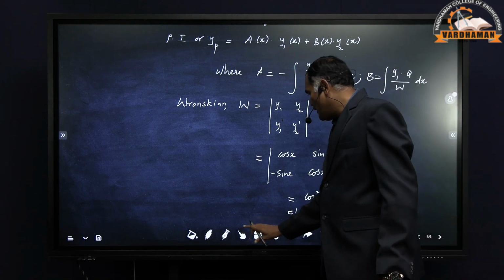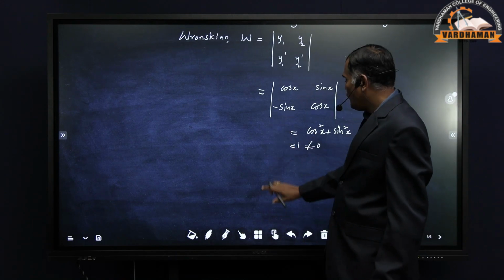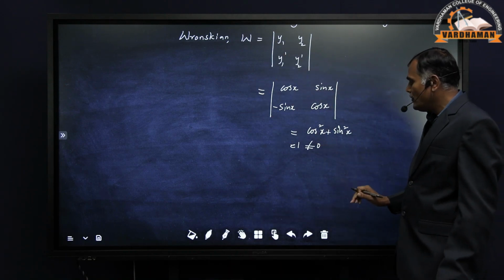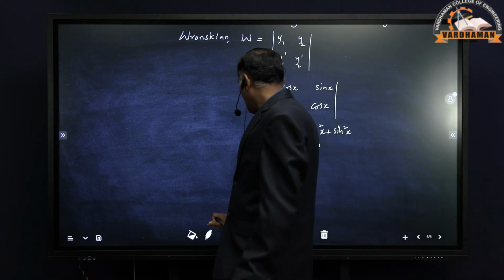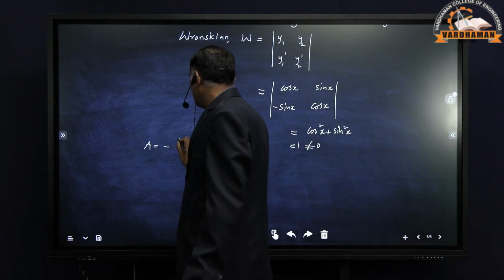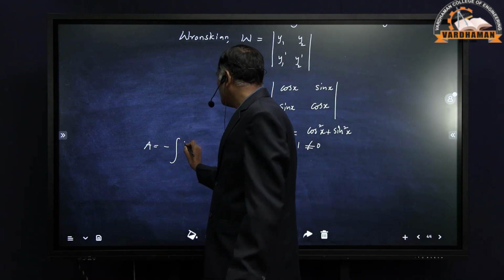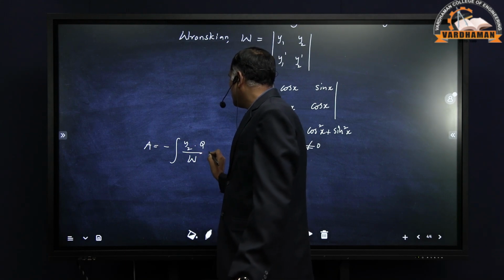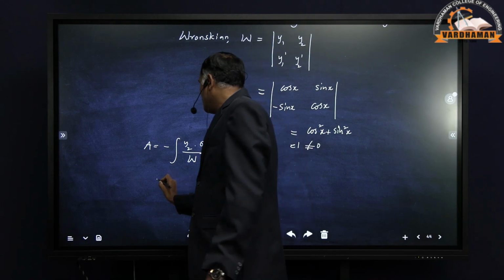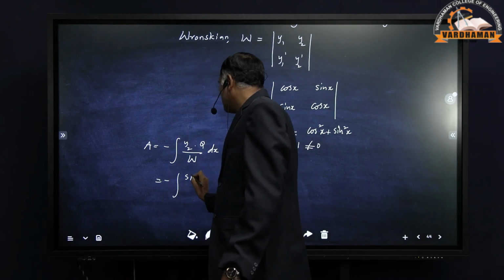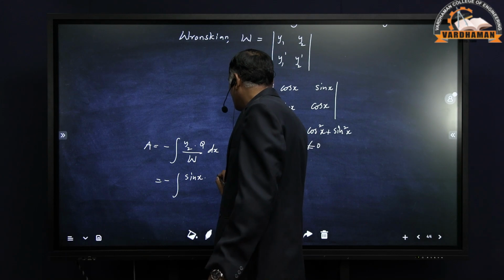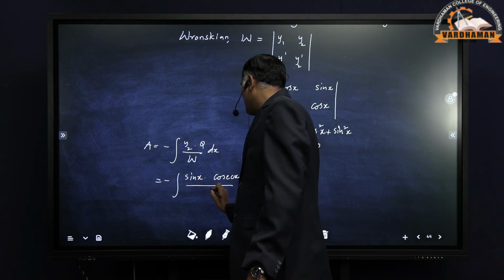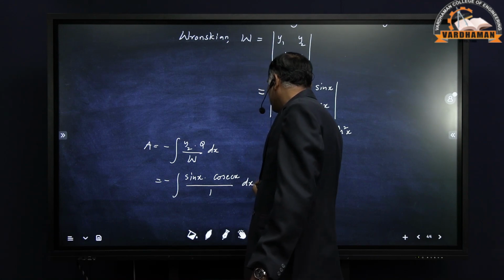So now let us find a and b. Now this is the way to find the Wronskian. The Wronskian is clearly a non-zero number. Let us find a and b. A is given by minus integral y2 into q by w dx. y2 is nothing but sin x, q is nothing but cosecant x divided by 1 dx.